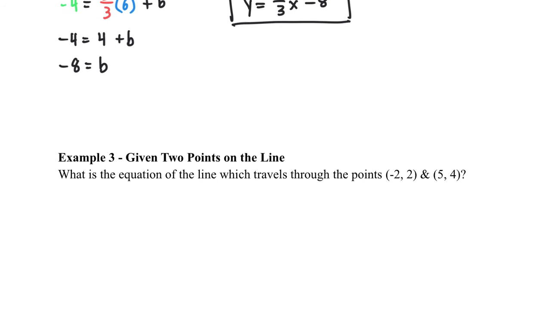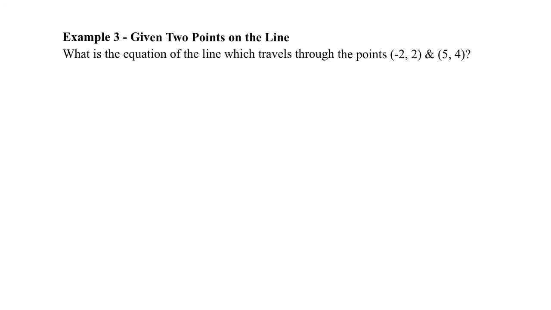All right, one more example here. What if we're just given 2 points on the line? Well, you learned in an earlier lesson how to find the slope given just coordinates. So we need to have an x1 and an x2. We need to have a y1 and a y2.